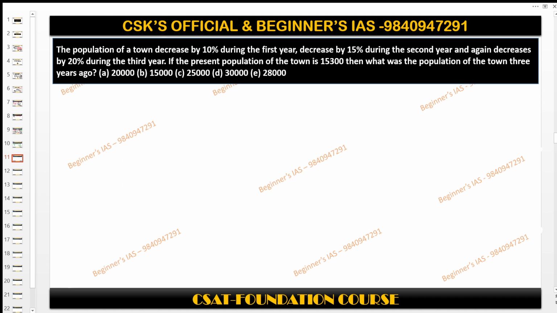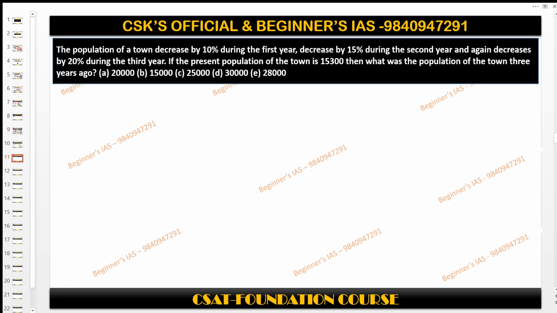Take total population as something. Since it is 13300, take less than that. Simple. You can take 10,000 as the population. 10% decreases means the first year what would be the population? 9,000. Then decrease by 15% means what?